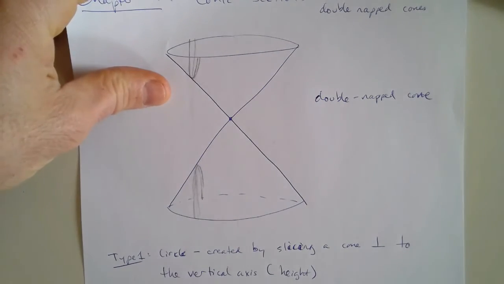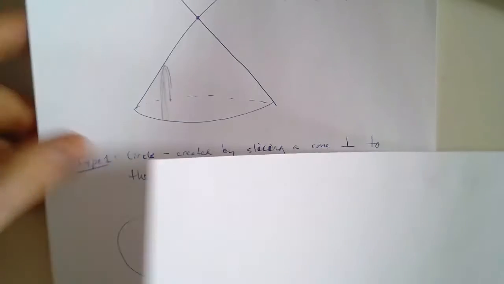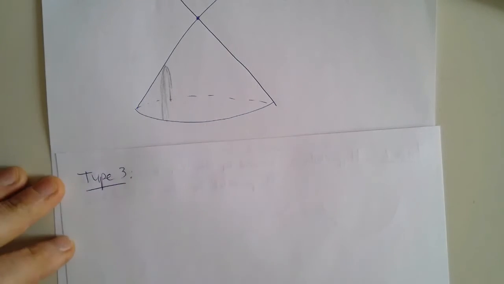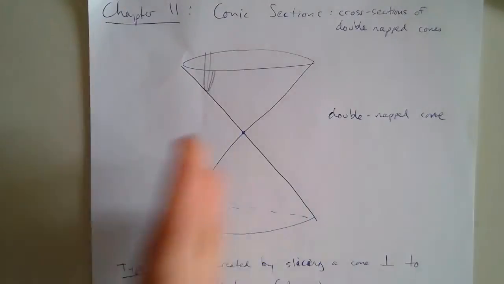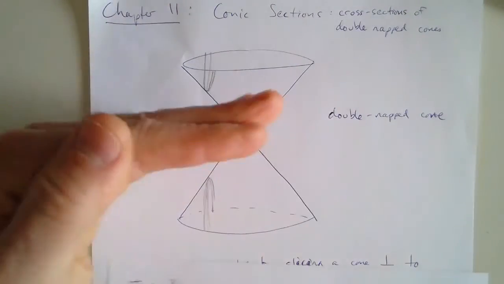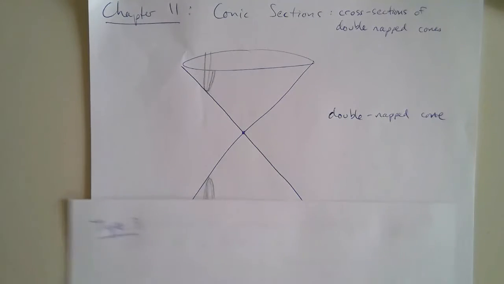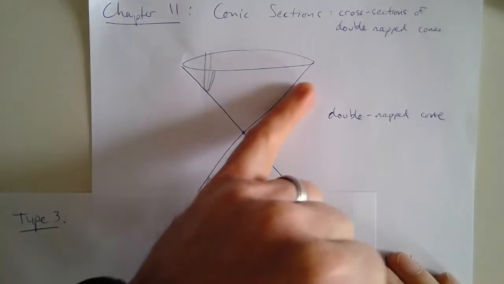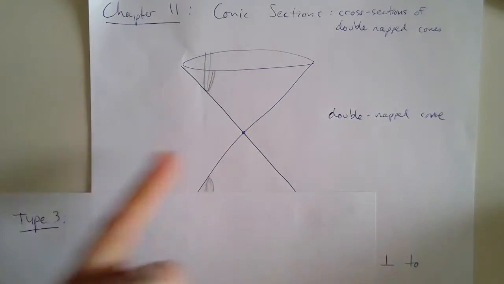Okay, let's think about type 3. So we've thought about parallel to the vertex, parallel to this axis, and perpendicular to the axis, for ourselves. So what if it is parallel to one of these sides? If it's parallel to one of the sides, that means you're going to slice kind of like right here.